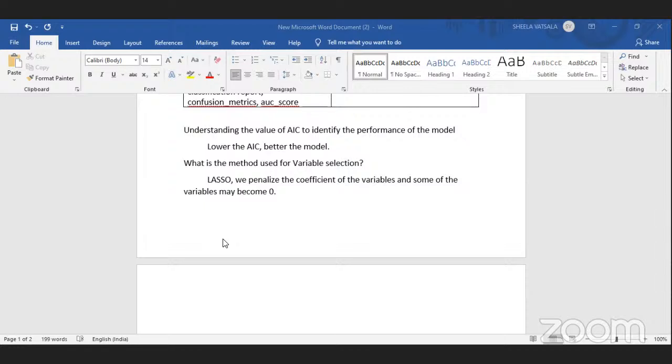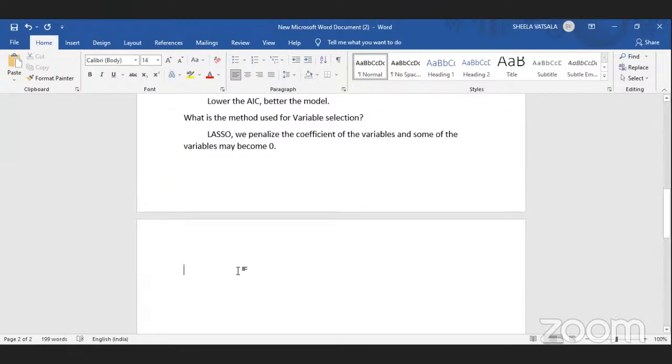One of the simple questions you may come across is what is the range of the probabilities seen in logistic regression? We know that in a normal distribution curve the range is between minus infinity to plus infinity. Probabilities in logistic regression lie between 0 and 1.